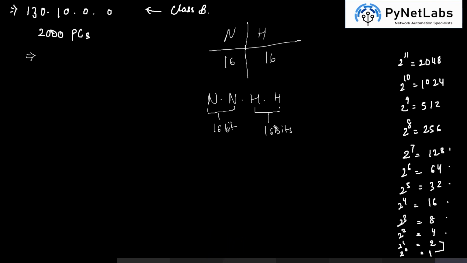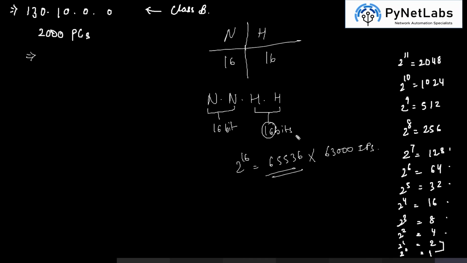If we take the whole 16 bits for host, we get the same 65,536 hosts, which is again a wastage of 63,000 IPs.